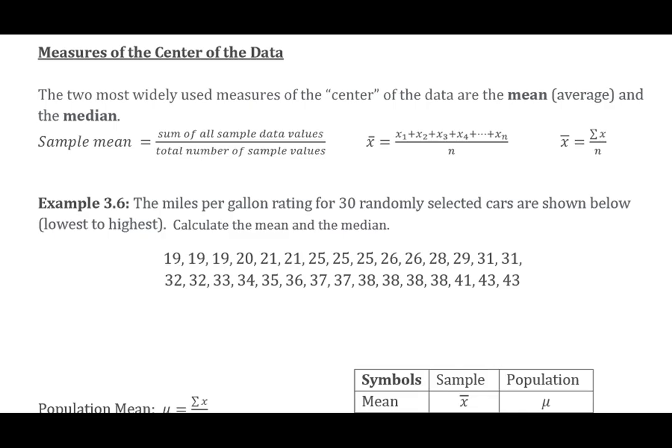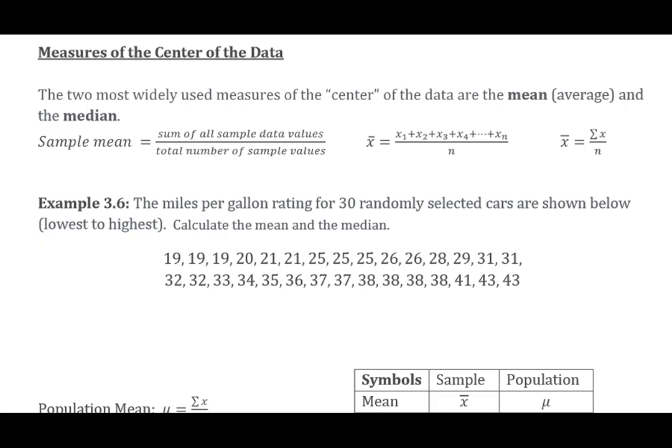Example 3.6 says the miles per gallon rating for 30 randomly selected cars are shown below. They've already been arranged from lowest to highest. Calculate the mean and the median. In order for us to calculate the mean, we have to find the average, or the sum of all of the x values.